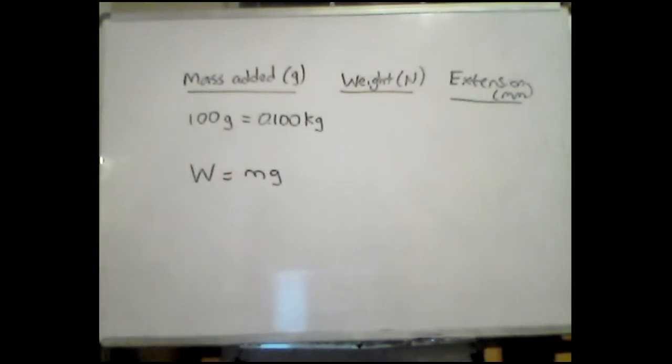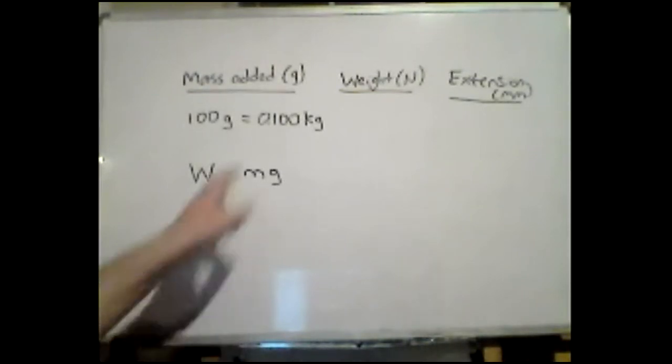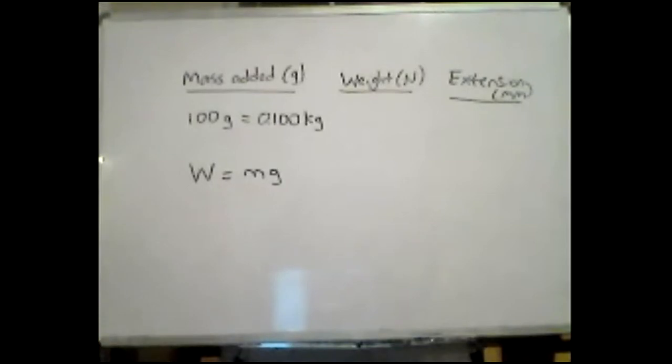On Mars, I think it's about 28% that of the Earth, but you would use that value. Your mass is always the same, no matter where you are. Your weight depends on where you are. So people say they want to lose weight, but what they really mean is they want to lose mass. You can lose weight by going to the moon, because you have a smaller acceleration of gravity.